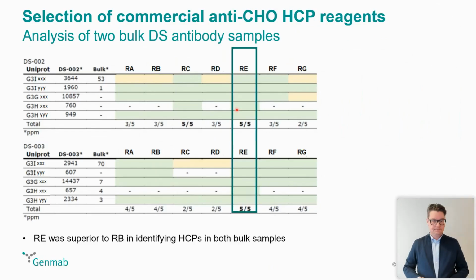And again, we found one reagent that was superior to the other one, because it could detect all of the HCPs that were present in the different bulk samples.